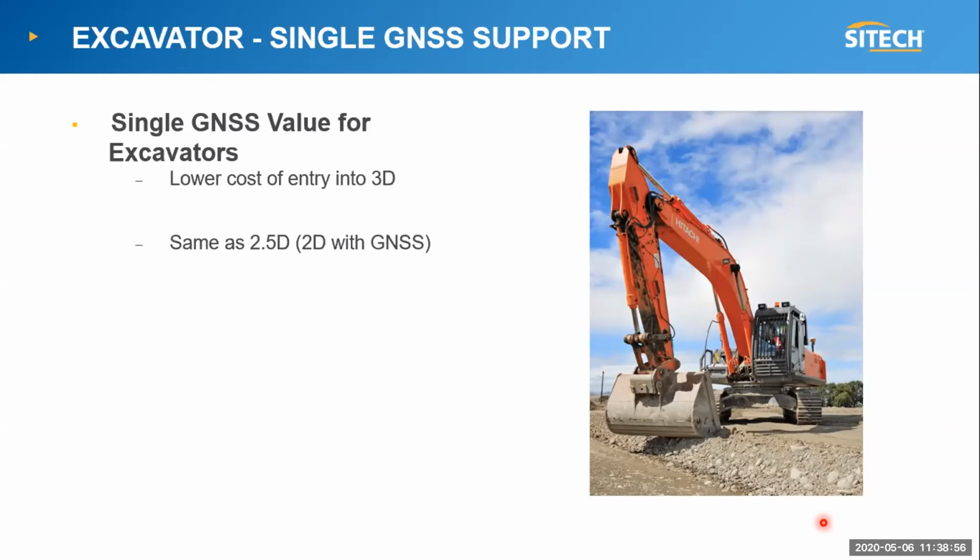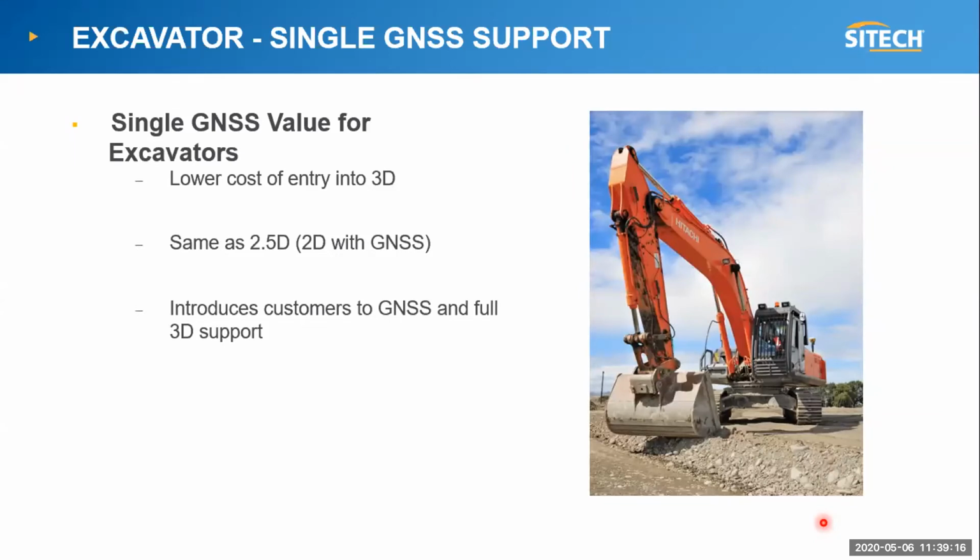Out in the field among ourselves, we call it 2.5D. That is just a crude term that we use for it. From there on, you can then move on and get the design functionality. You can add that to your system. You can grow it one step at a time. And now you have 3D design. You still have single GPS on it.